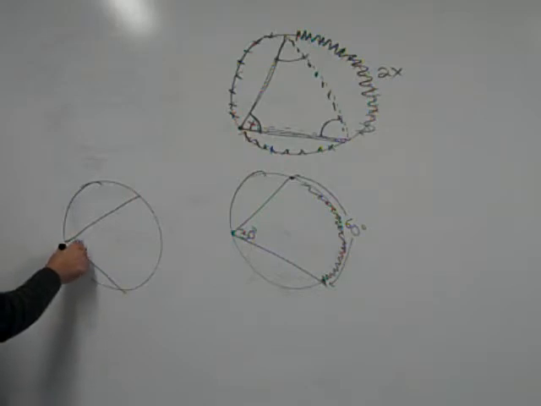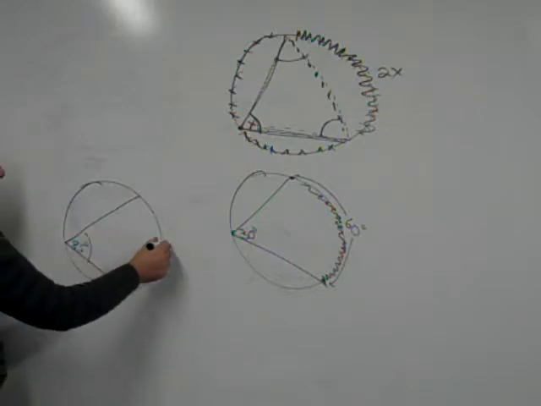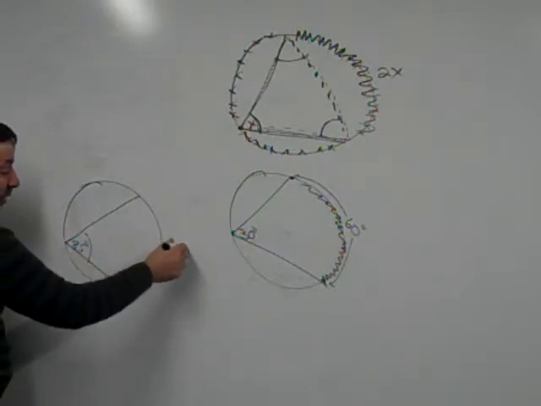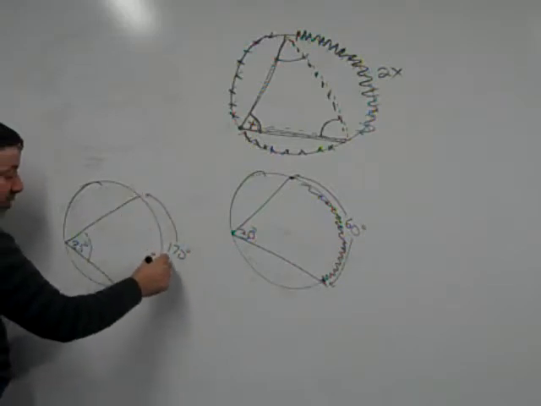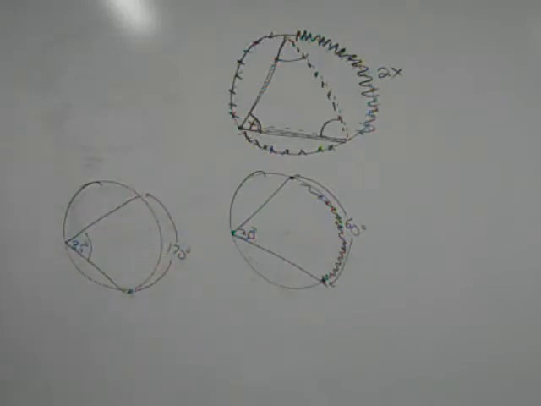If this angle is 85 degrees, double it, you get 170 degrees. And now you know the arc. If it's inscribed, you double the angle and you get the arc. 170 degrees of the arc.